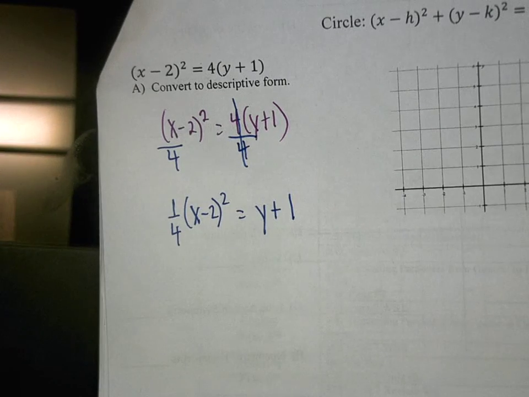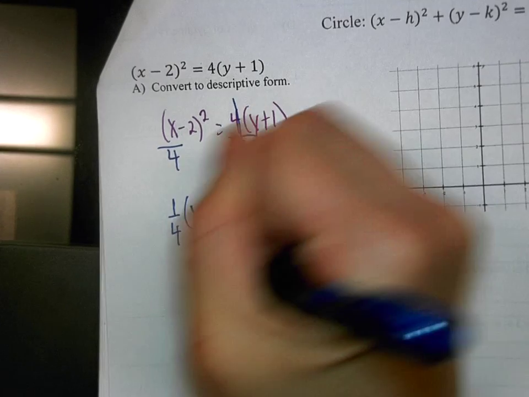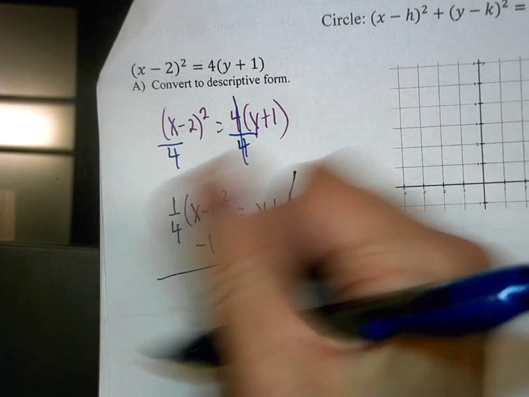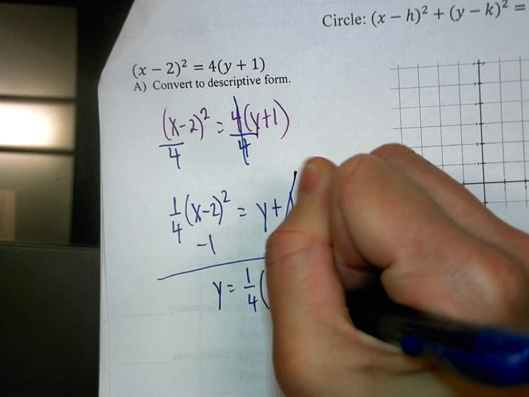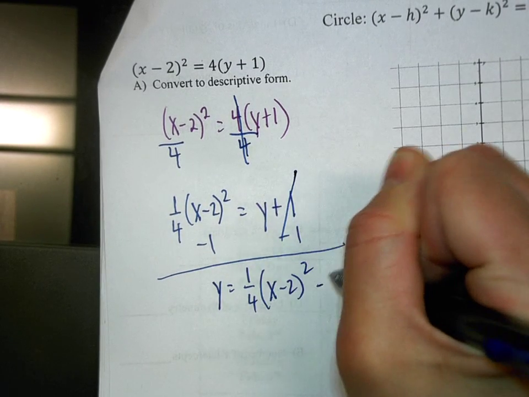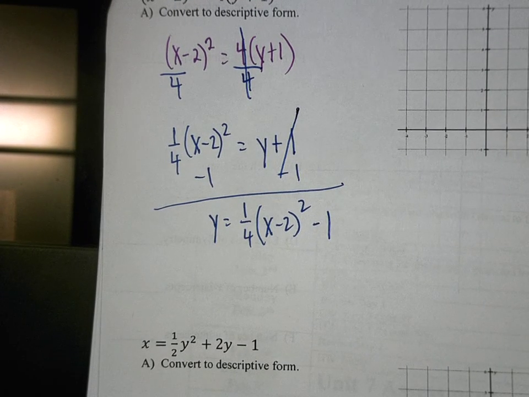And then what would I still need to do? Get rid of the 1. Yeah, subtract 1. And so now I'm going to just flip this around, and I have y equals 1/4 (x minus 2) squared minus 1. And that's my equation in descriptive form.